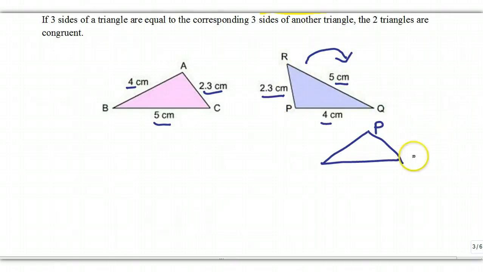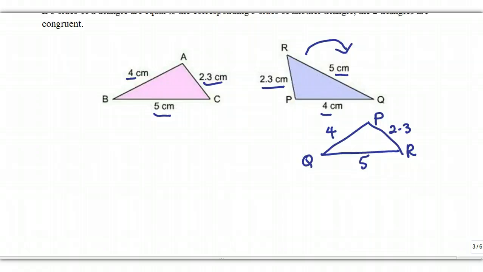Now, if you get P here, R will be on your right and Q will be on your left. Correspondingly, you will have PR equals 2.3, PQ equals 4, and QR equals 5. By visualizing it as the same orientation as triangle ABC, it will be easier to help you prove that the 3 sides are equal and make sure that the sides are corresponding.